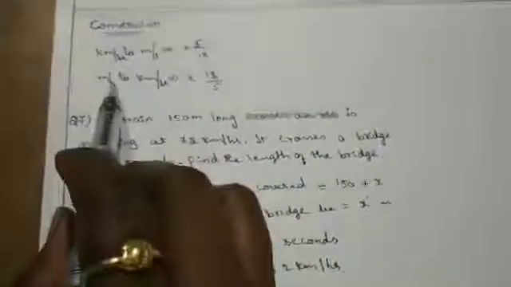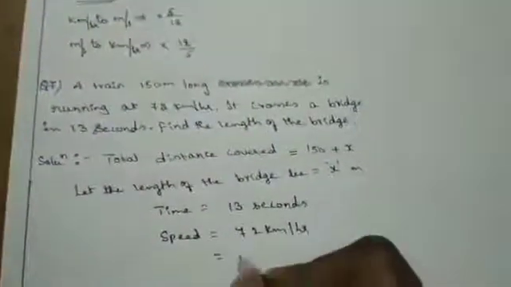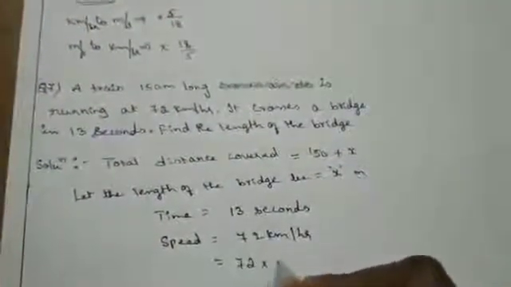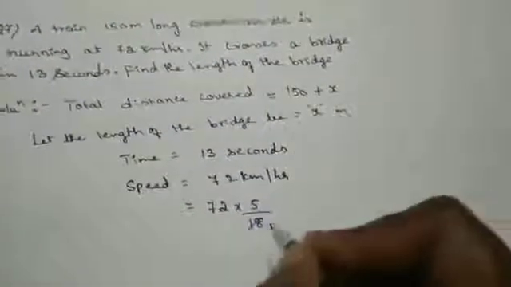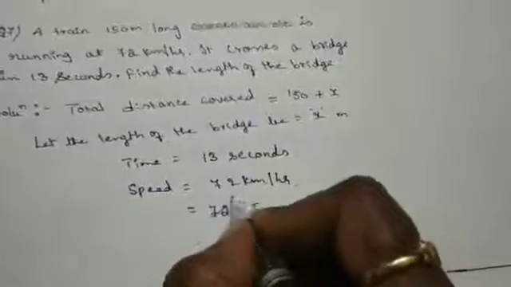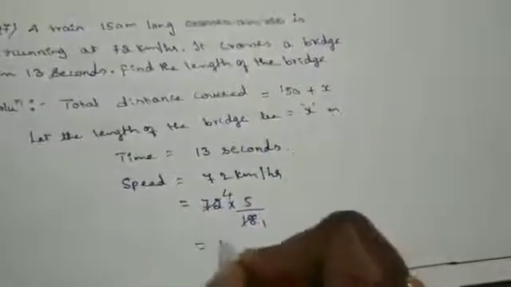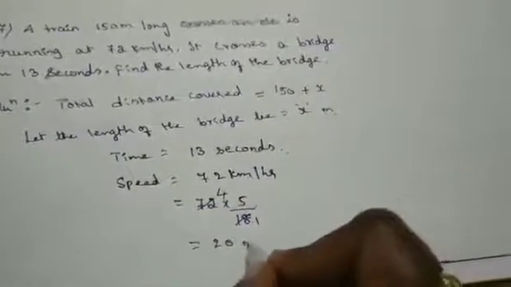Kilometer per hour to meter per second is nothing but multiplying by 5 by 18. 72 into 5 by 18. Then 18 fours are 72, then 4 fives are 20 meter per second. So speed equal to 20 meter per second.